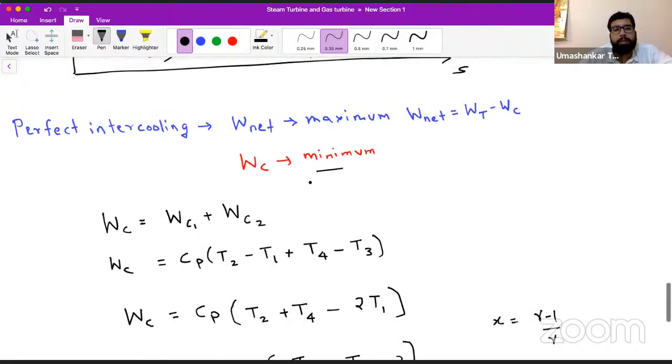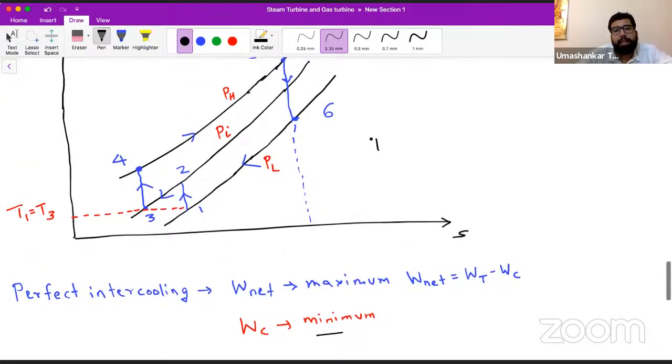So let's just see here. We can write T2 by T1, applying the isentropic condition between 1 to 2, as equal to P2, the intermediate pressure, which I am calling Pi, to the power 1 to the power gamma minus 1 by gamma. So we are calling it as x.